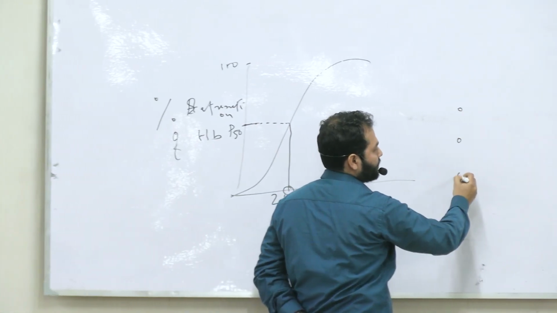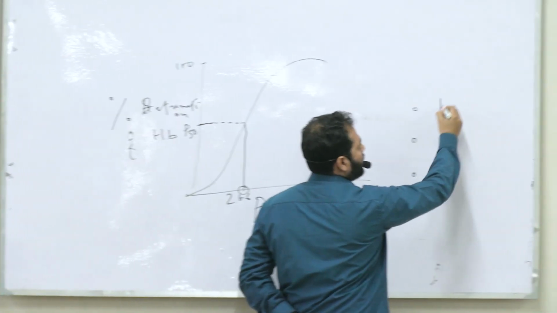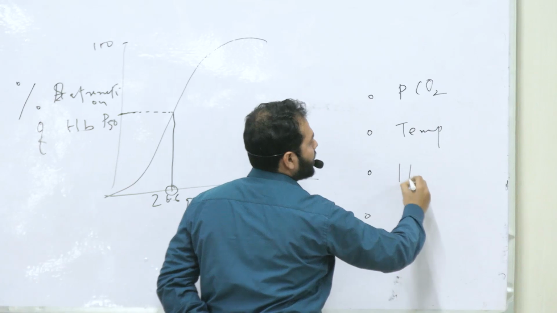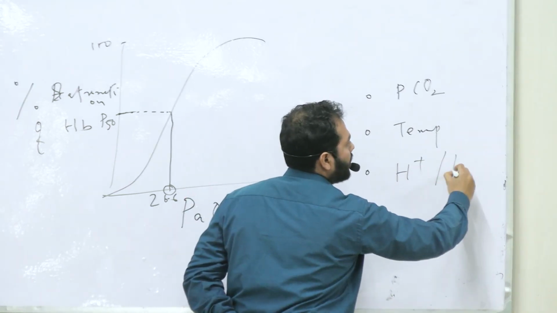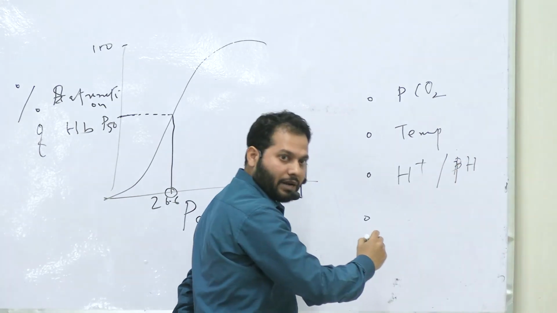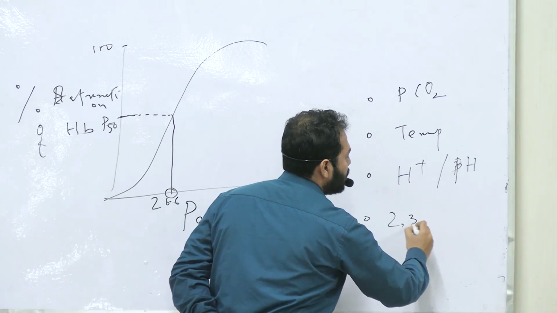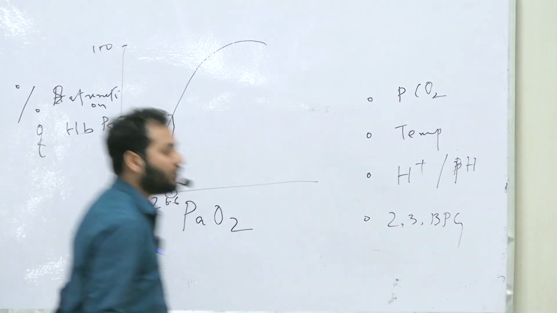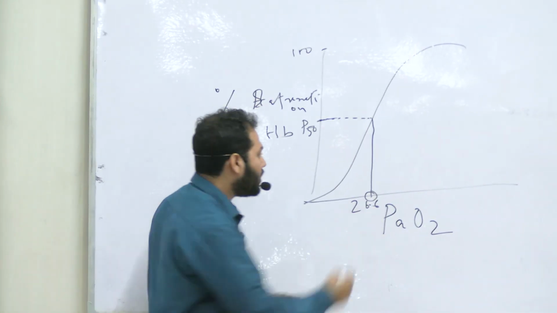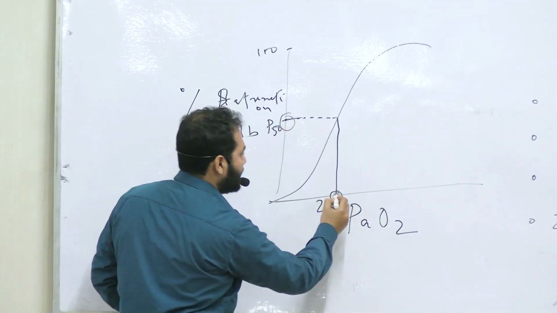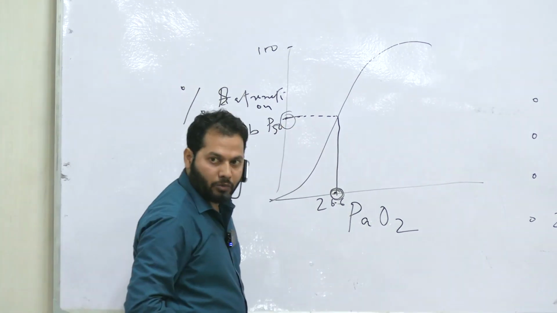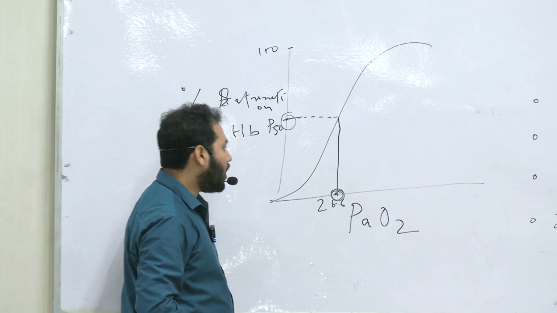Now, as I have mentioned, the factors are PCO2, temperature, H+ ion concentration, and certain metabolites or organophosphate, that is 2,3-bisphosphoglycerate. In the normal or resting state, at this partial pressure of oxygen, 50% of hemoglobin is saturated with oxygen.